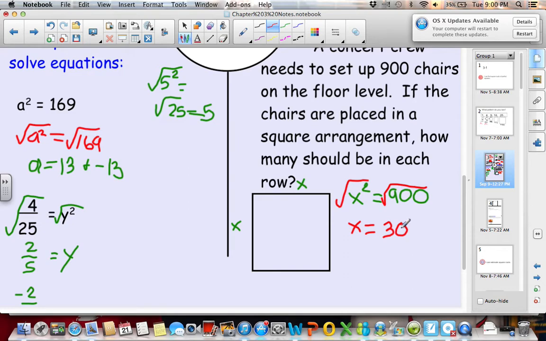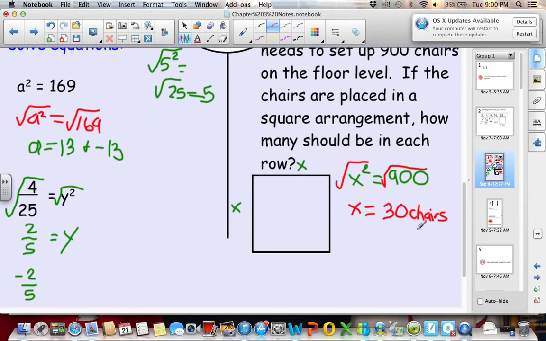So that means that there are 30 chairs, or 30 rows and 30 columns. So how many should be in each row? It would be 30 chairs, because we always want to include our label.